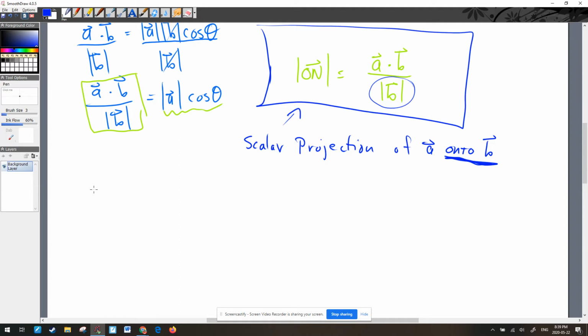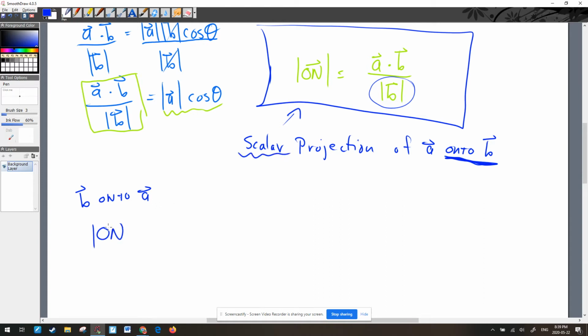So imagine that I wanted to do B onto A. The definition, for the magnitude, that's why it's called scalar, right? Because it's just a magnitude, it doesn't have a direction right now.